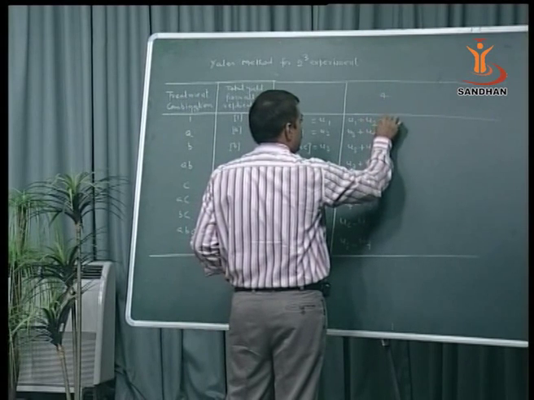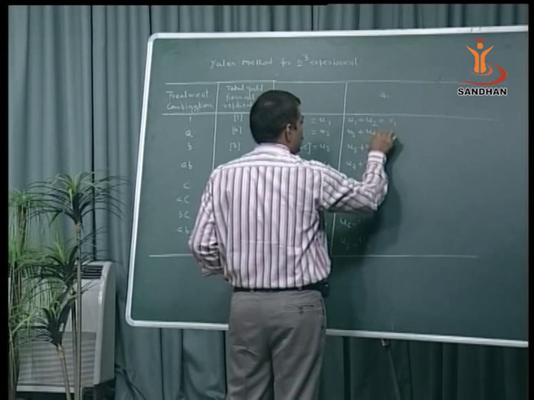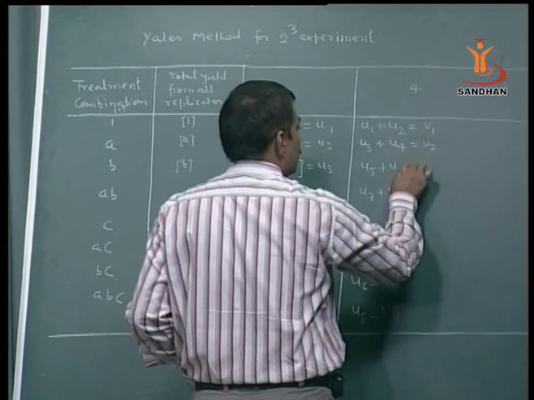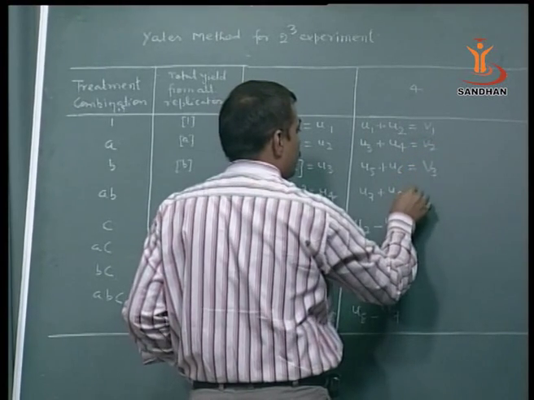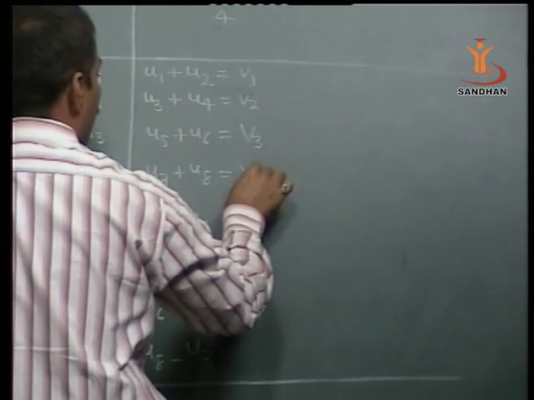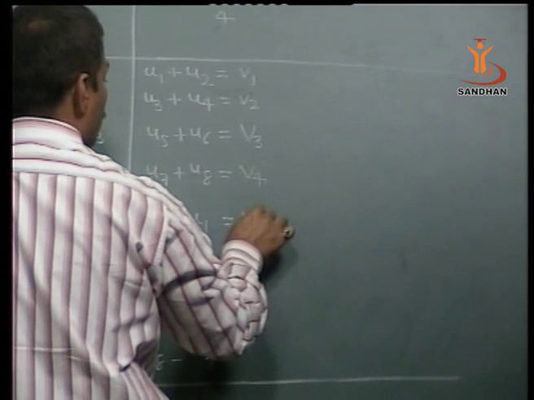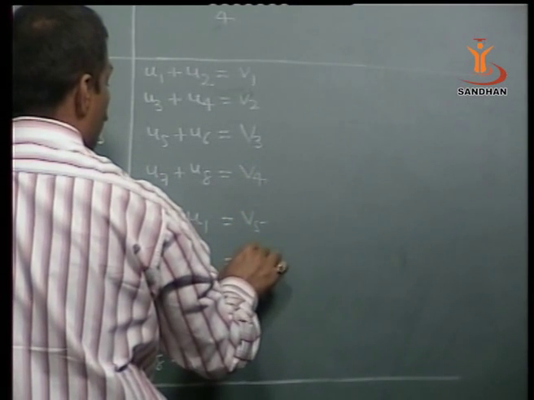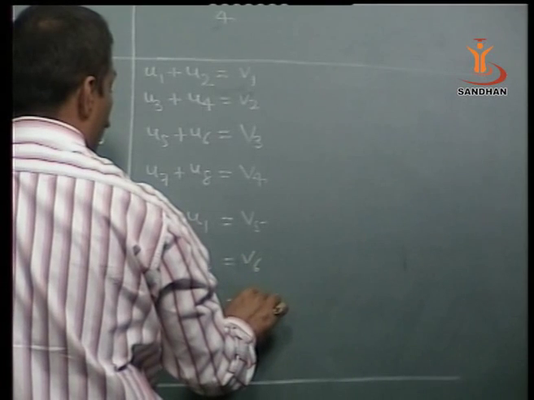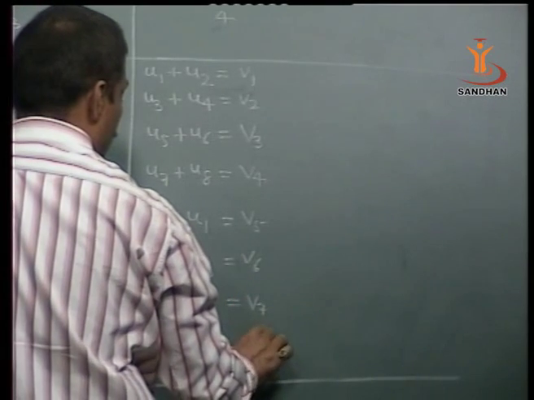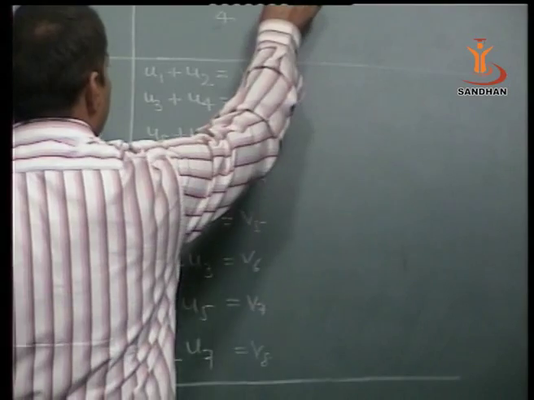Now say this is v1, this is v2, v3, v4, v5, v6, v7, v8.